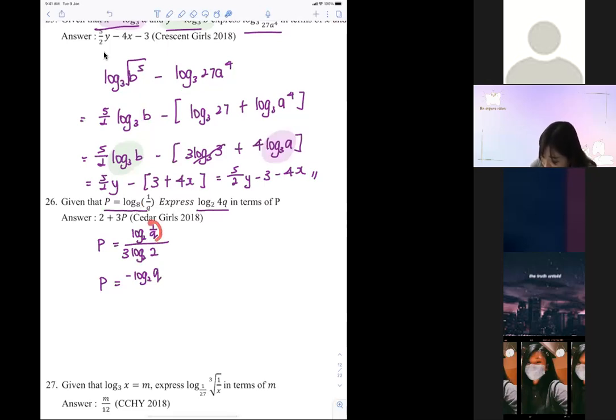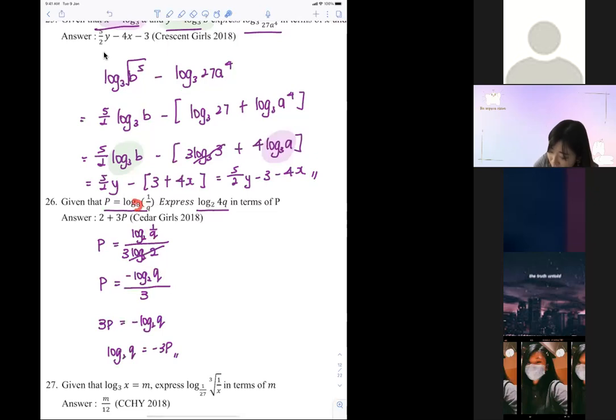I say again, 1 over Q you don't like, you can change to Q to the power of minus 1. Cancel. Okay, then I can say that 3P equals minus log 2 Q. Log 2 Q equals minus 3P.